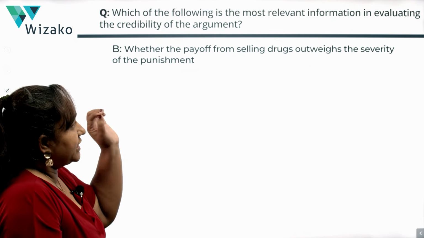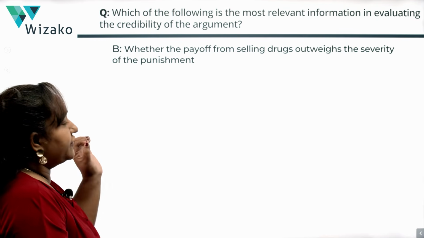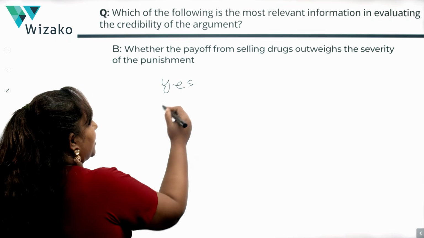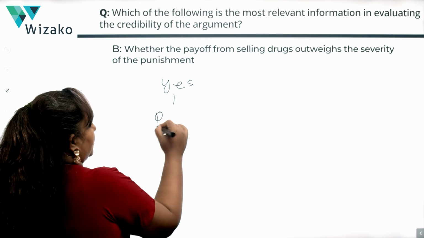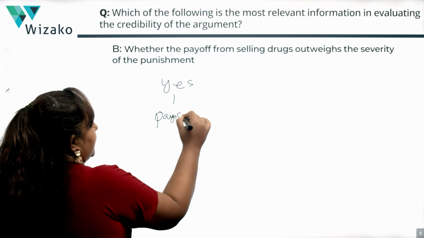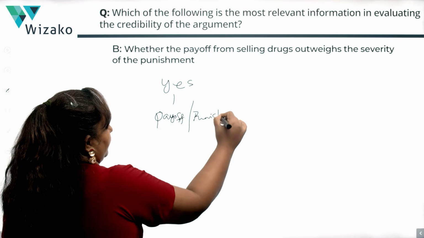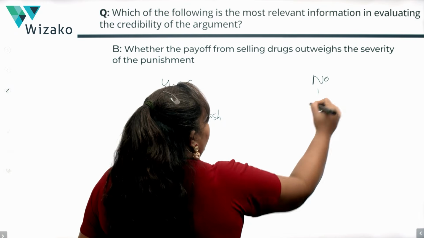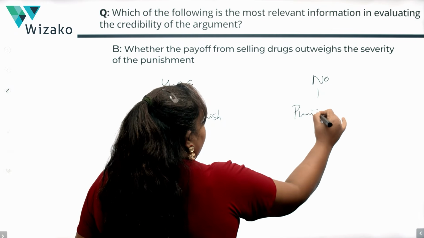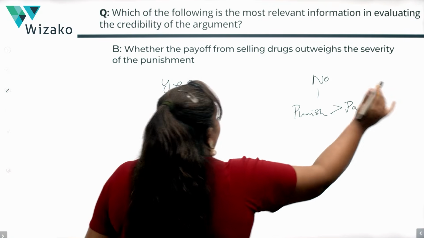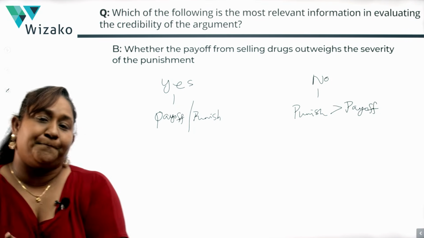Whether the payoff from selling drugs outweighs the severity of the punishment. So let's say yes. What would the yes be? That it outweighs, that the payoff is greater than the punishment, right? And if I say no, that the punishment is actually greater than the payoff. These are the two things that I can say.